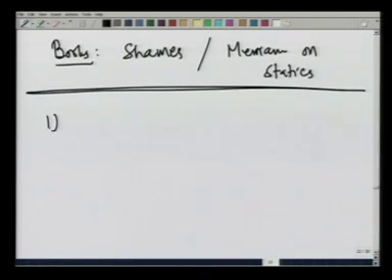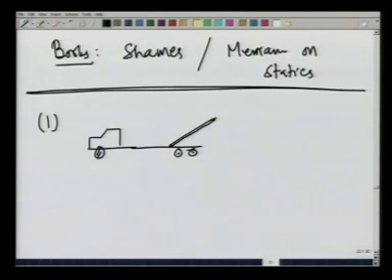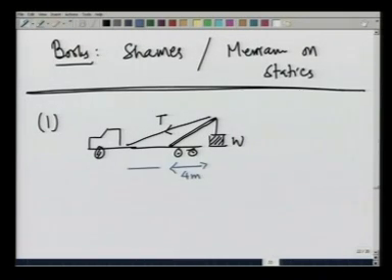As the first example, let me take a crane on which there is a shaft here and by a string by applying tension T, one is holding a weight W. The distances given are 4 meters, 4 meters and 3 meters.